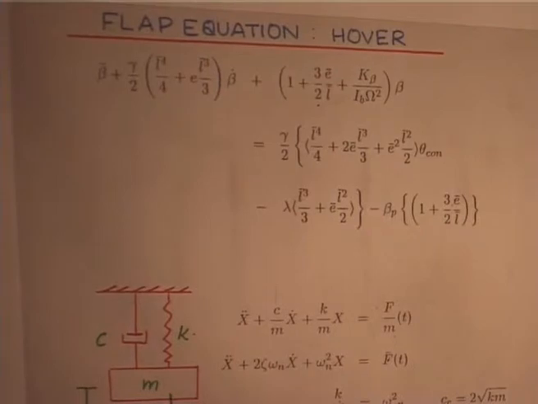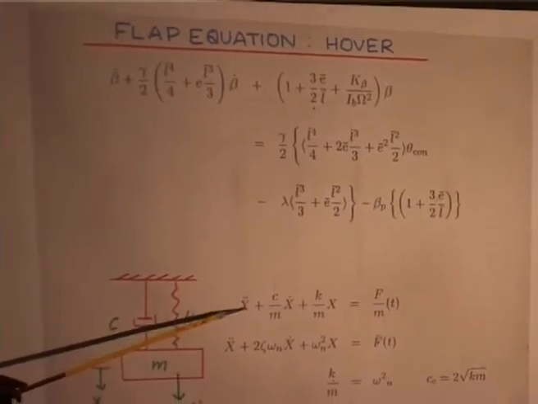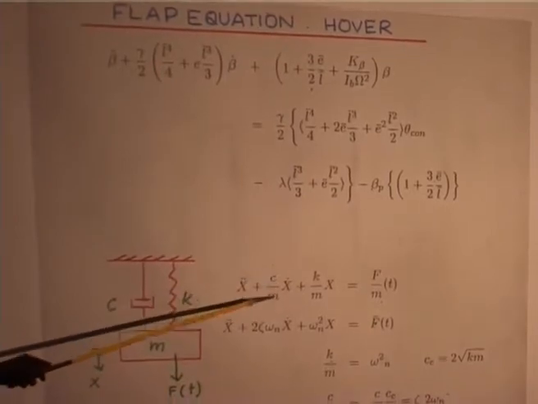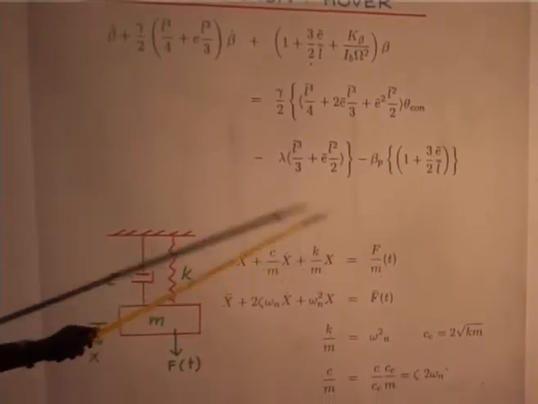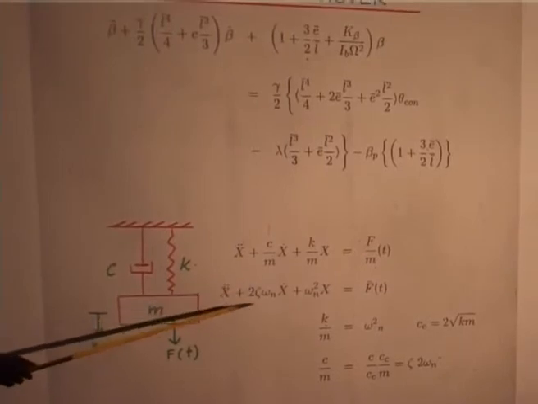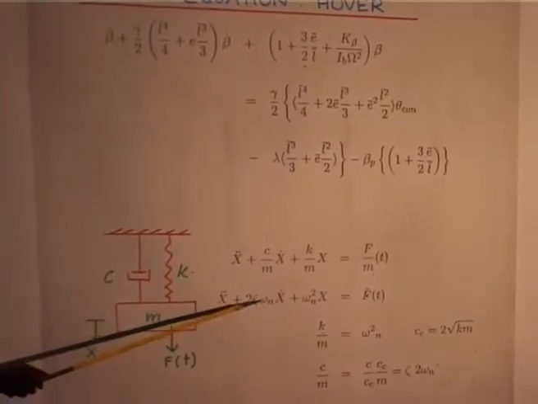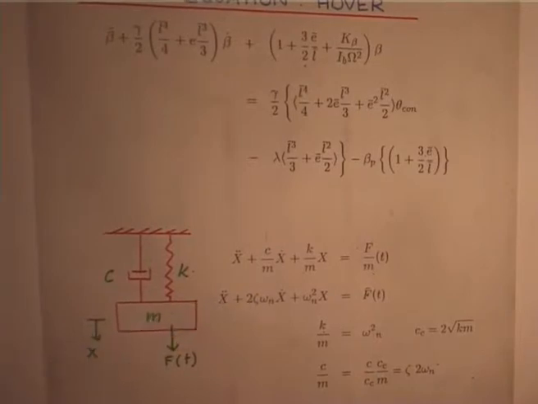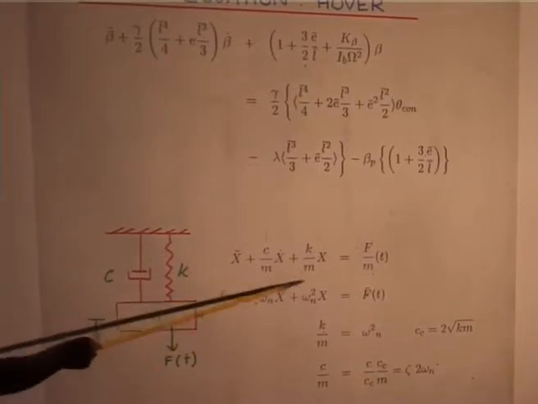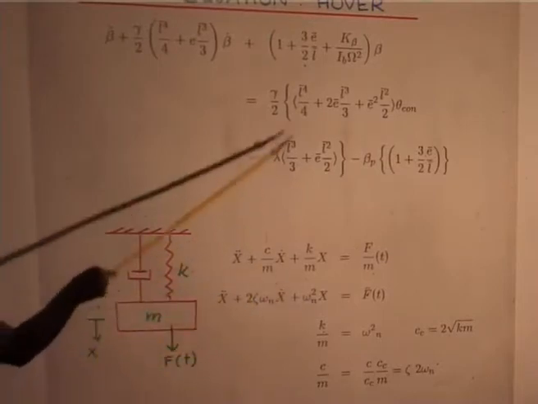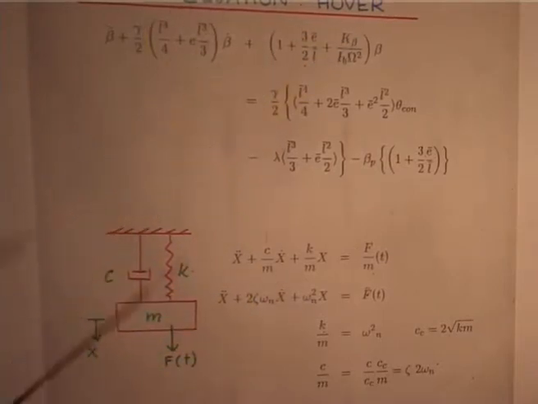For the frequency, you know that for a spring mass damper system you will have x double dot plus c over m x dot plus k over m x, and this term c over m is 2 zeta omega n. Zeta is the damping ratio and this is omega n squared. So this is the natural frequency, that is the rotating flap natural frequency.